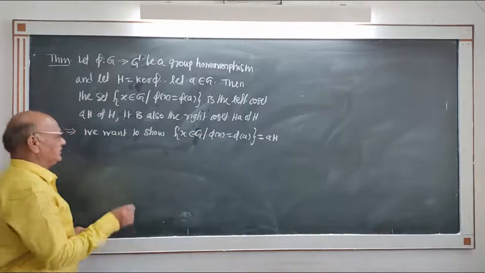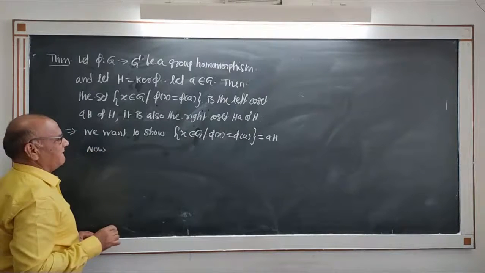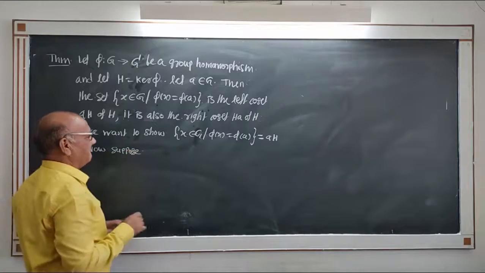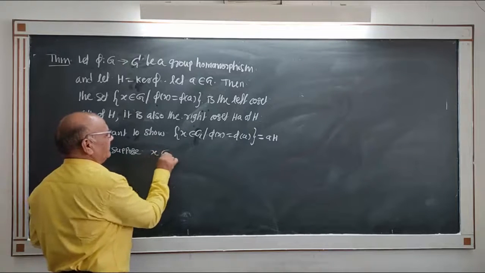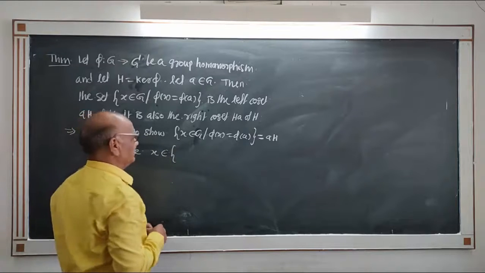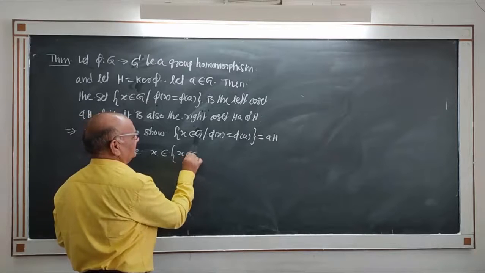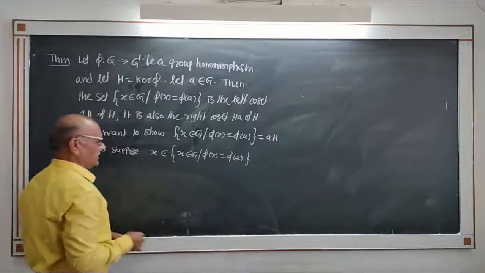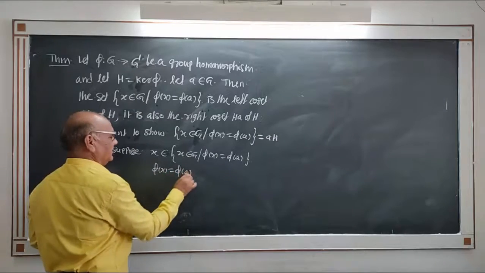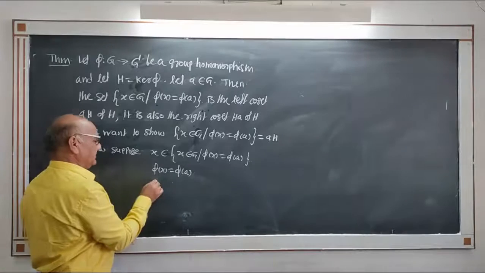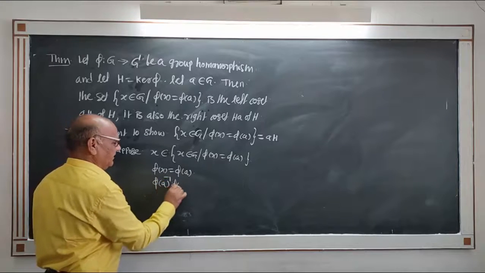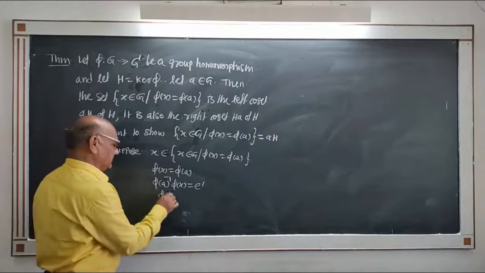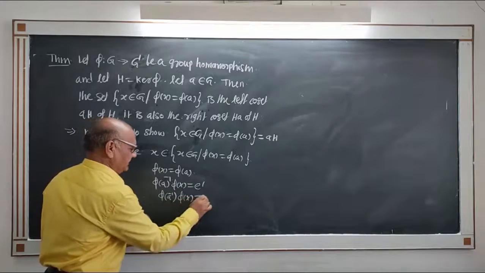Now suppose X belongs to this set. That means X belongs to G such that phi of X is equal to phi of A. If we take phi of A inverse here, by properties of homomorphism, phi of A inverse times phi of A is equal to E dash.